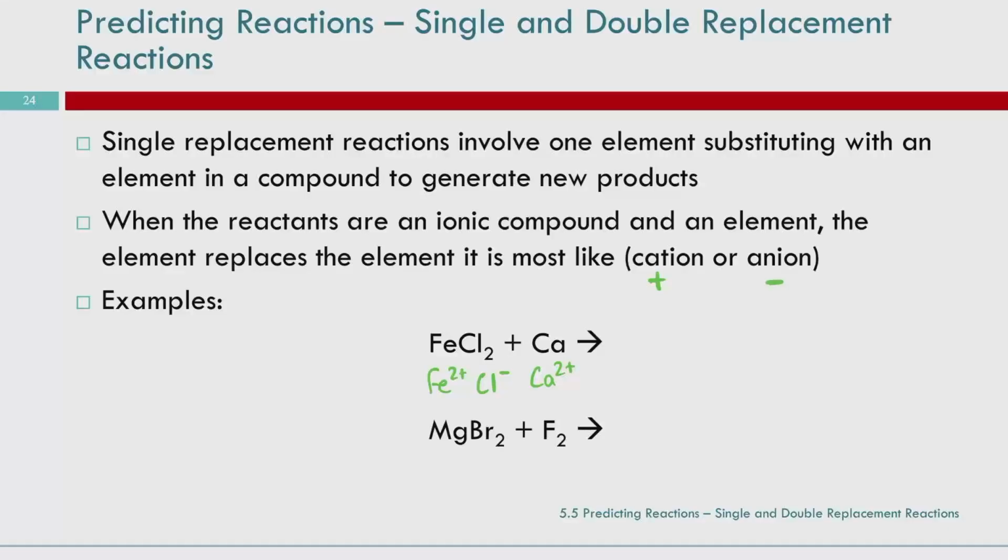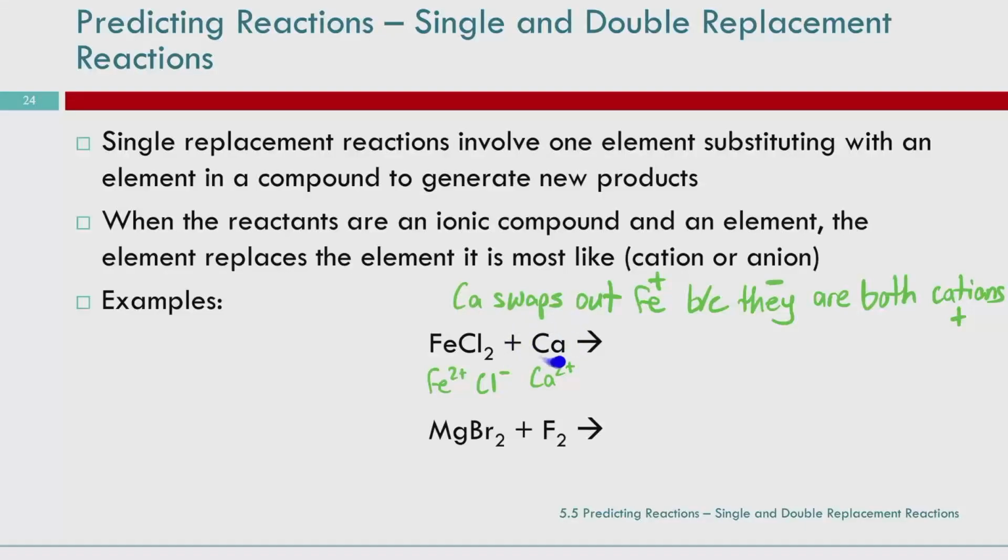So we are figuring out, okay, calcium's a 2+ charge. It's a positive charge. It's going to swap out the positively charged component in our compound. So calcium swaps out iron because they are both positively charged. They are both cations.